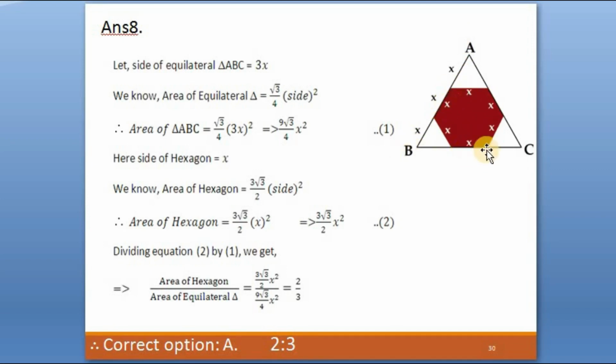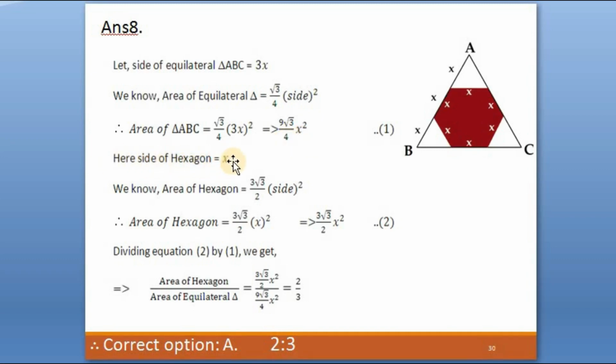Now the area of the equilateral triangle is root 3 by 4 side square. So this is the formula, and here the side is 3x actually. So the area of triangle ABC is equal to root 3 by 4 times (3x) whole square. So this comes out as 9 root 3 by 4 x square, equation 1. Here the side of the hexagon is equal to x.